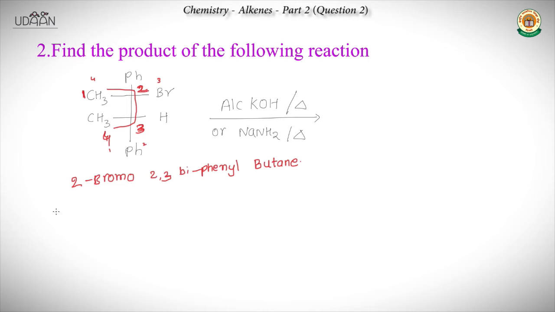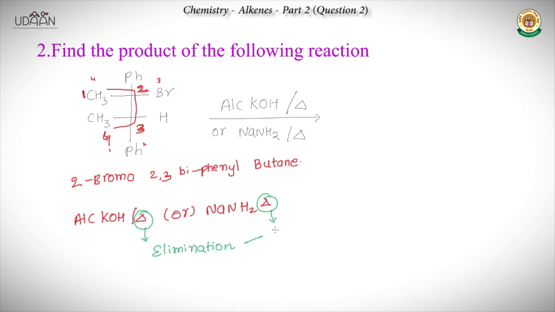Yes. You're given alcoholic KOH, heat, or NaNH2, heat. So heat suggests that some bonds are broken. I mean to say that it may proceed through an elimination reaction. Now in elimination you have two reactions, E1 or E2.